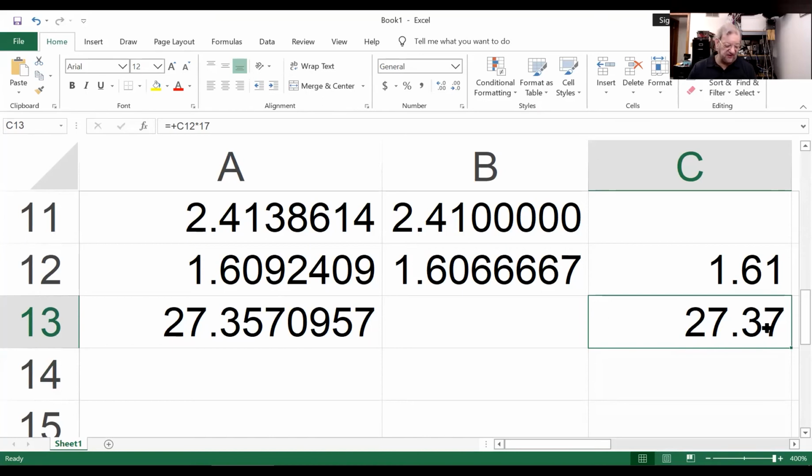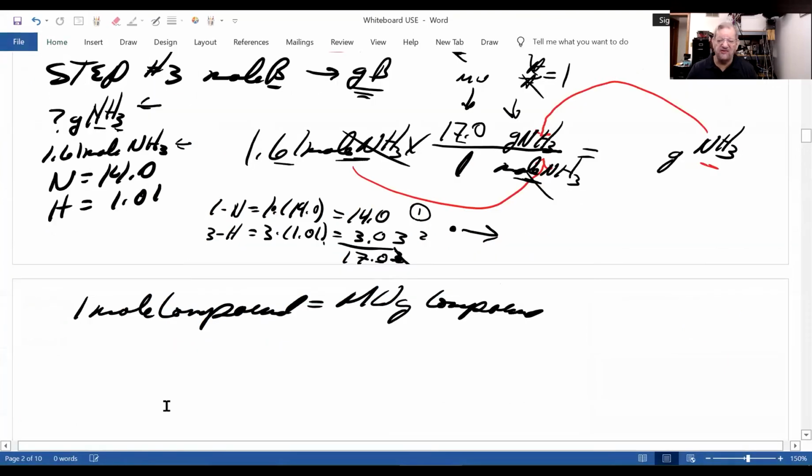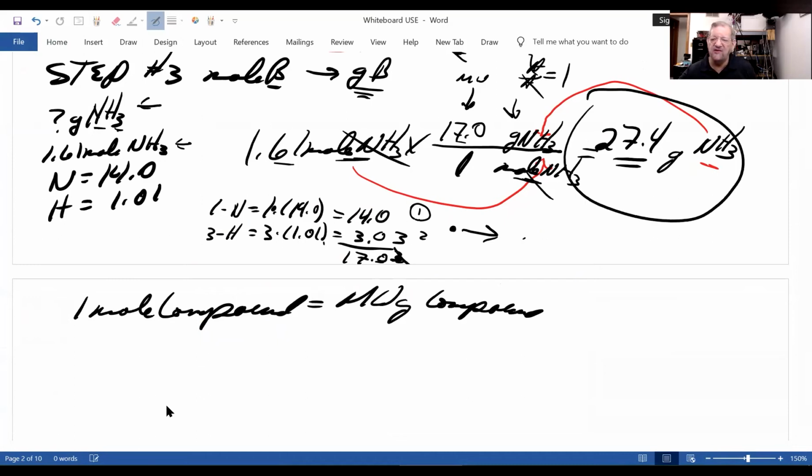That rounds off to 27.4. It doesn't always, but in this case it does. And your final answer for this problem is this number. And that's how you do it.